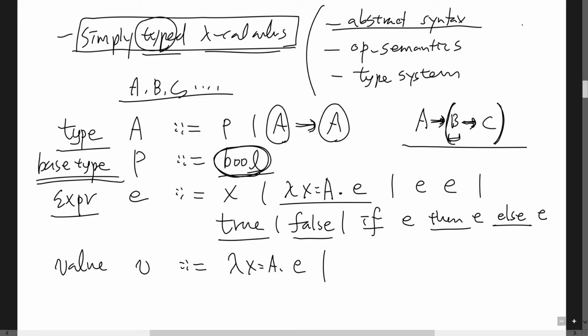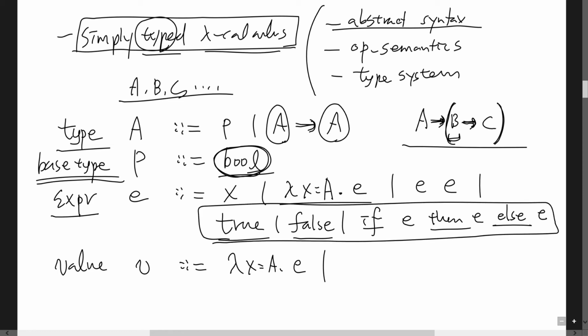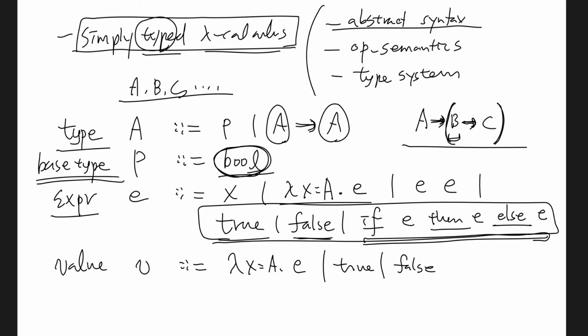And next, we have to choose values from this primitive construct for the Boolean type. So true is definitely a value, and false is also a value. And probably this is not a value because there's room for reduction. So this if then else conditional expression is not counted as a value.